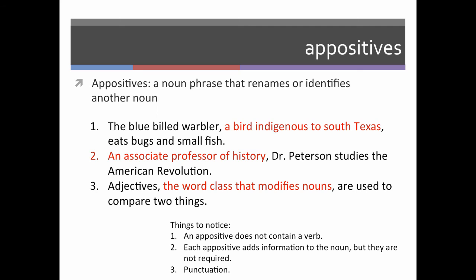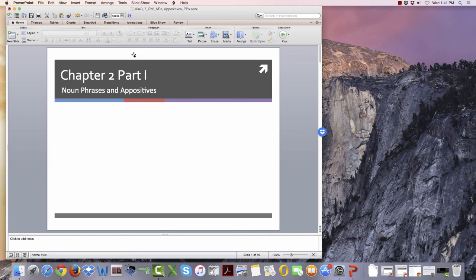There's not a verb in a noun phrase. There's a verb in clauses, there's a verb in sentences, not in these appositives. So each appositive adds information, and the punctuation is certainly important. When the appositive is in the middle of the sentence, you need commas at both ends, and when the appositive is at the beginning, it just comes after. So that's all for noun phrases and appositives.